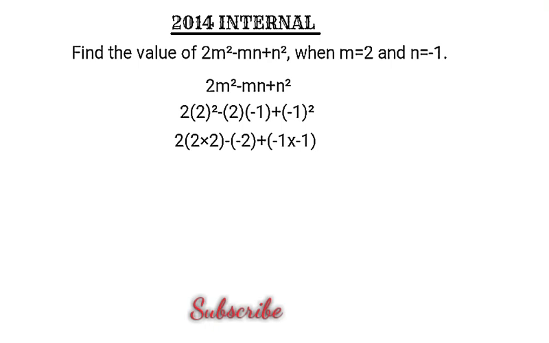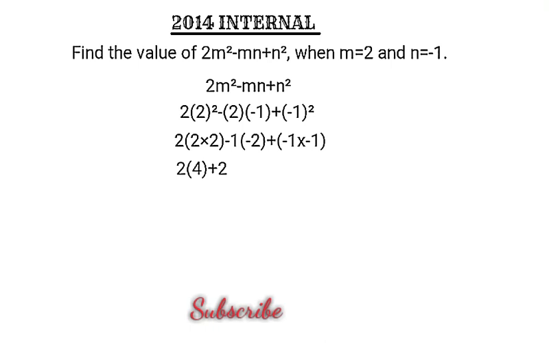Then we start working out. We write 2, then we multiply 2 by 2, which gives us 4. Then minus, multiplying 2 by negative 1 gives negative 2, so minus negative 2 will give us positive 2.